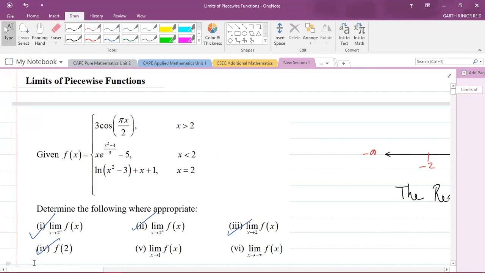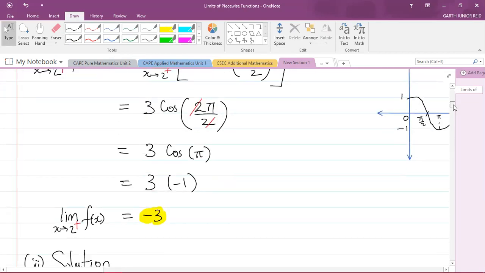So that's right here. All right? So we're focusing on that function, x e to the power of x squared minus 4 over 3, minus 5. Good. So let us just write that down here.